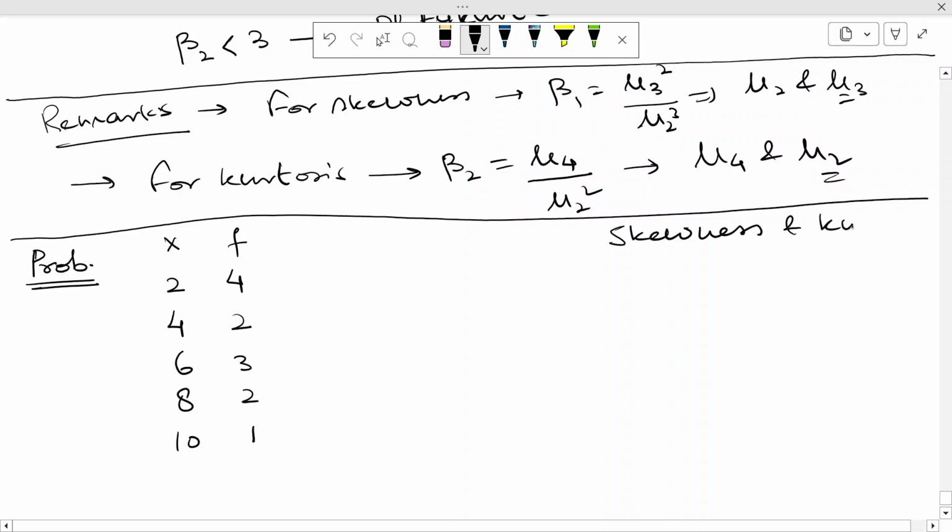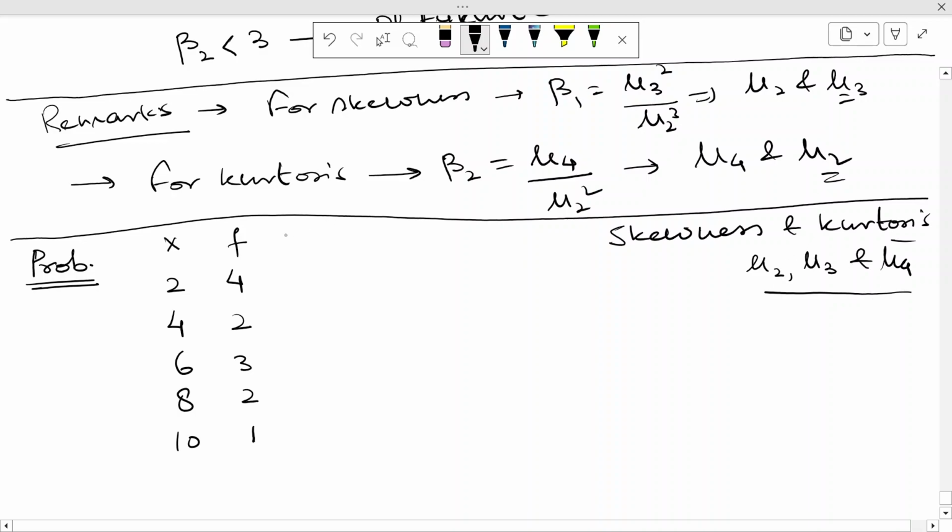We have to study the skewness and kurtosis, so we have to calculate mu2, mu3 and mu4. We are very much clear that these are our central moments.